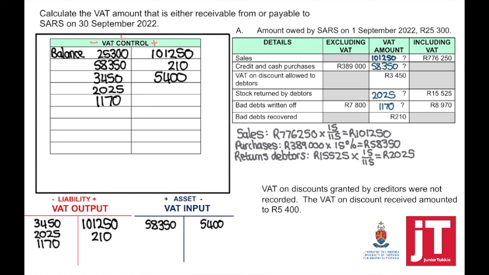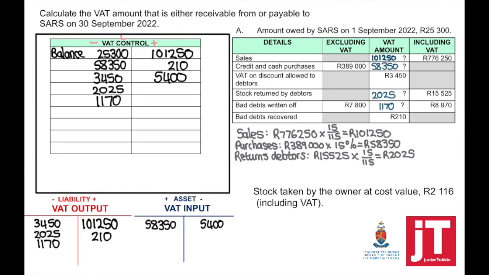That input will be credited, and if that input is credited, it means that my VAT control account will be credited. So just be careful with this. My assets will decrease, it's credited, but that will have a positive effect on the amount payable to SARS.